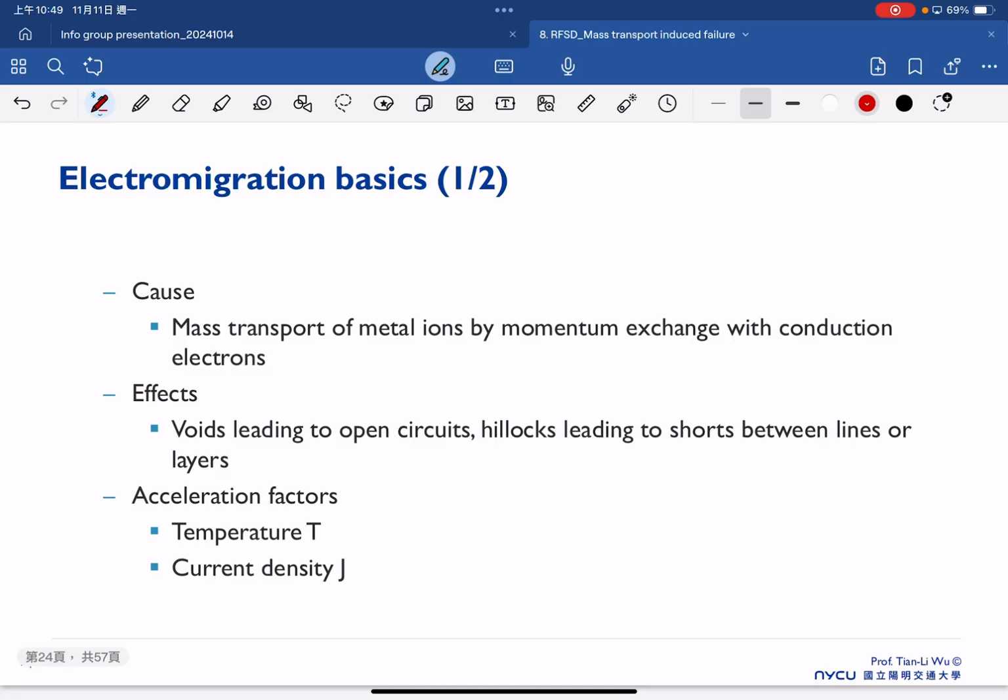The cause of this electron migration is basically the momentum exchange with electrons here, and this will in the end lead to, for example, the formation of a void, and a void will cause an open circuit, and here a hillock will short between lines or layers. Temperature and current density are always acceleration factors, because high temperature pushes the driving force larger, and of course the current density is always another acceleration factor.